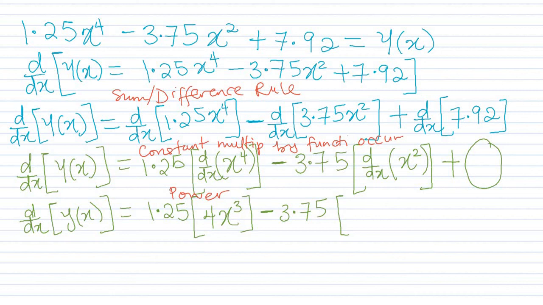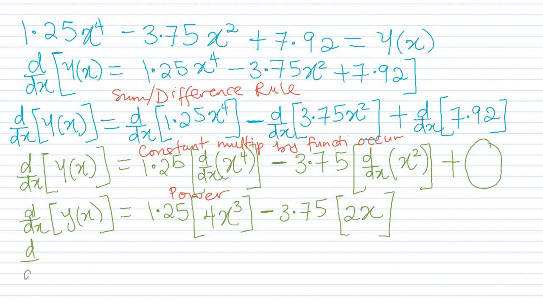We bring down the power of x squared, 2, and make that 2 the coefficient of x, and then we decrease the power 2 by 1, so we end up with 2 minus 1, and that's 1, so that's that.